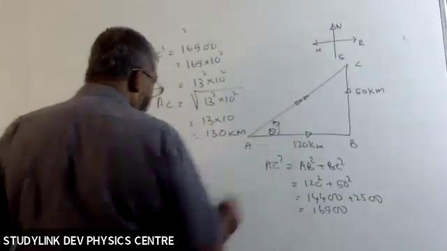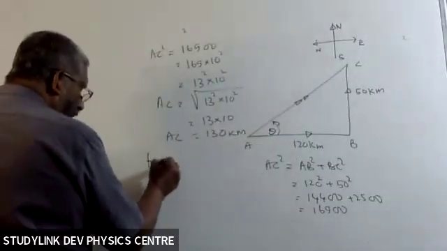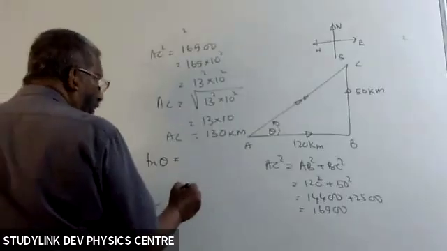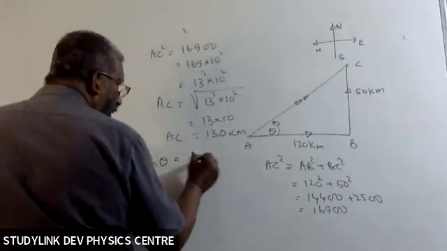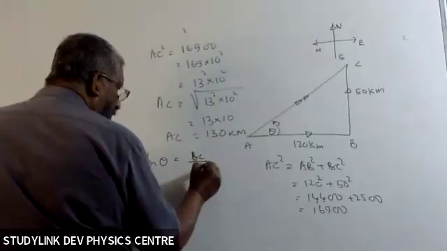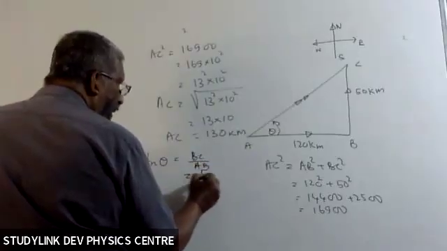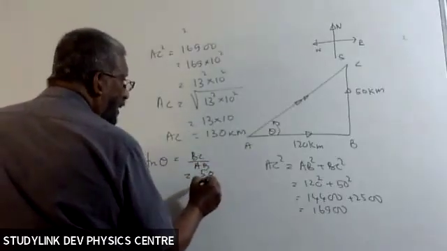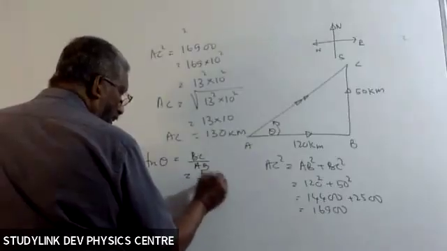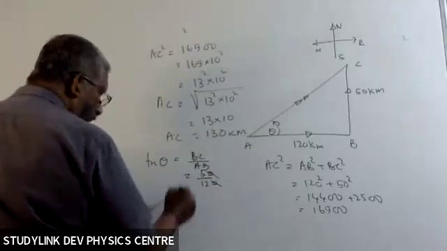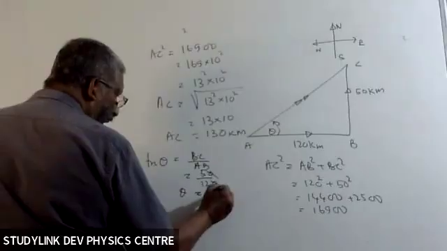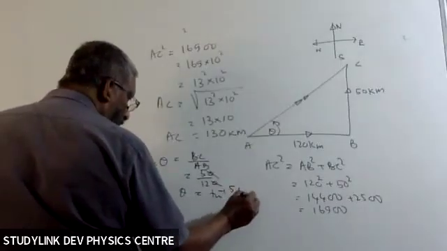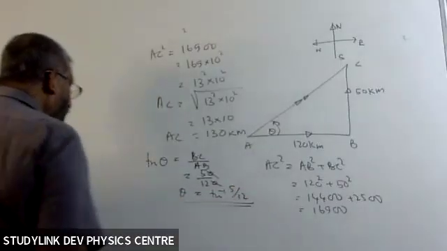This is theta. Tan theta is equal to opposite divided by adjacent. 50 divided by 120, that is 5 over 12. Theta is equal to tan inverse 5 over 12. We can write it like this.